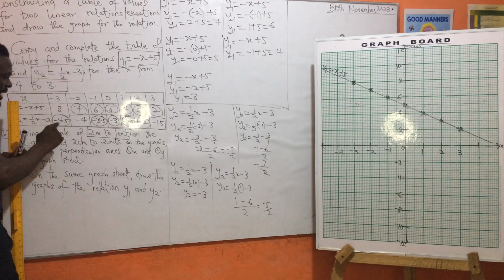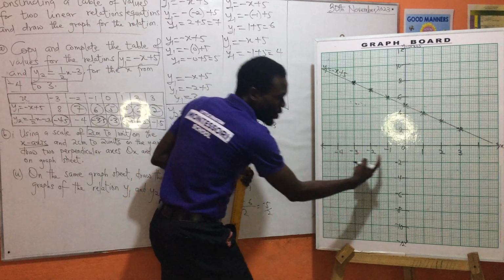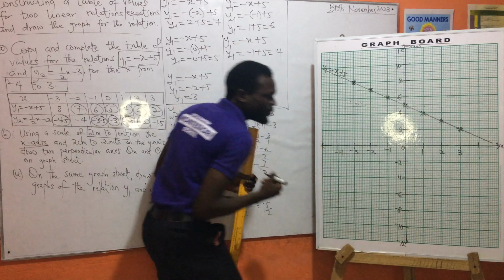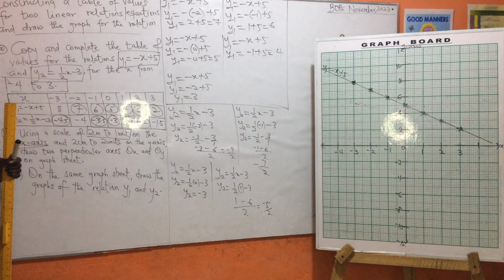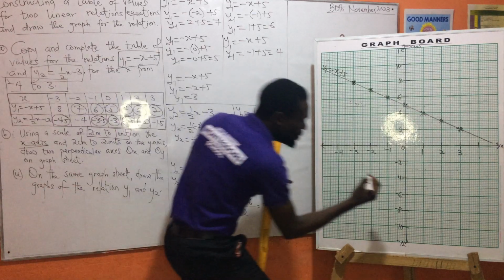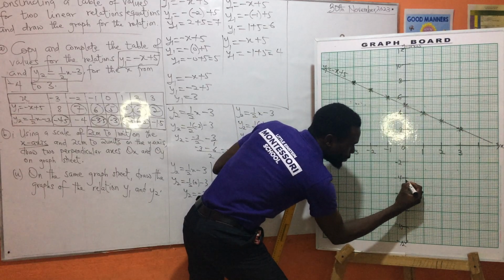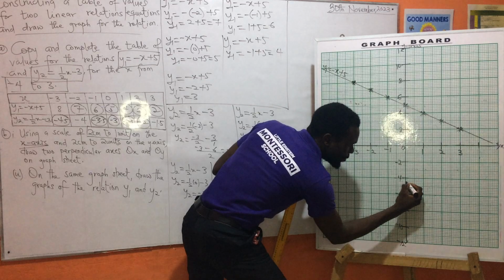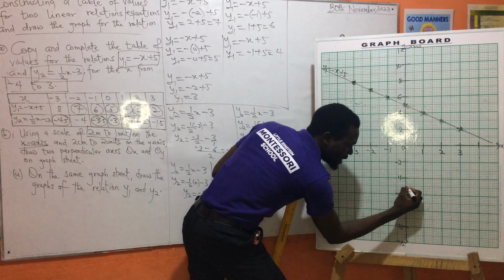Negative 3, negative 4.5. So on the x-axis, this is negative 3. Now the 4.5 is between 4 and 5. So we have to be very careful. So when you come here, this is 5. Now this is 4, 4.2, 4.4, 4.6, 4.8. Then 5.